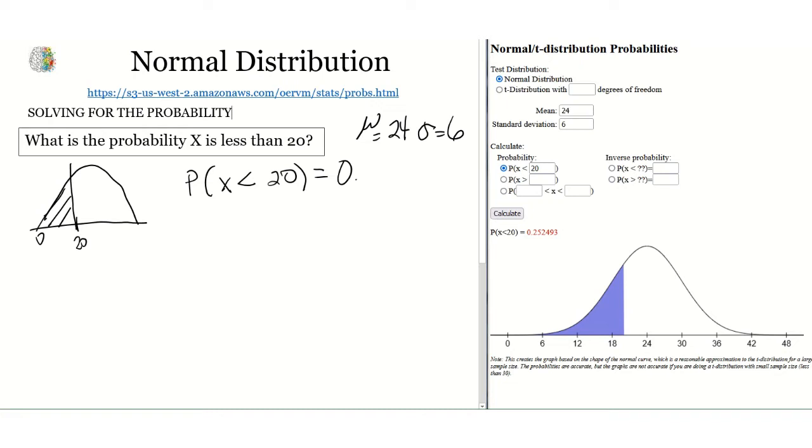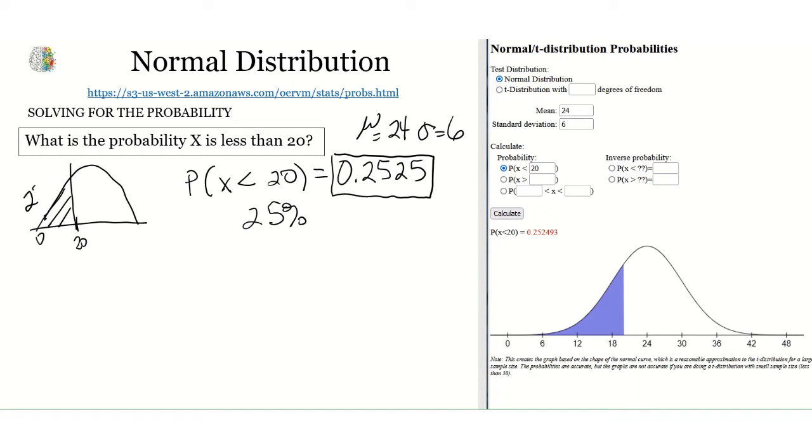And it's going to give me my percentage written as a decimal. If I'm rounding to 4 digits after the decimal, then my answer is going to be 0.2525.